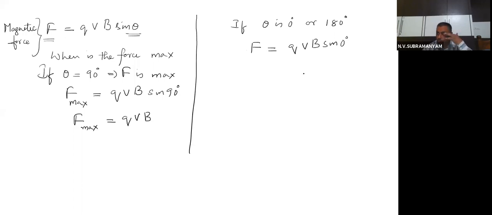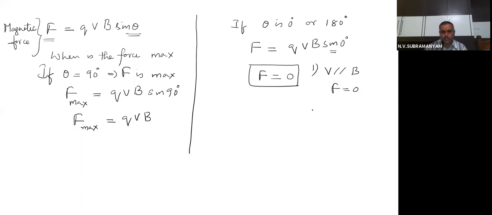Sin 0 is 0, sin 180 is also 0. This sin 0 is 0, children. 0 into anything is 0. Force is 0. That means if the velocity is parallel to the magnetic field, force is 0.